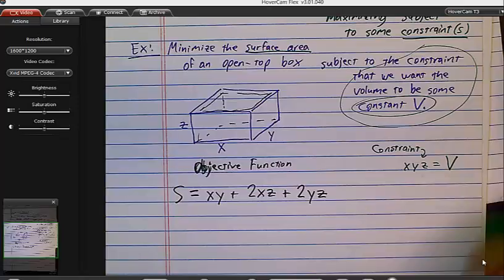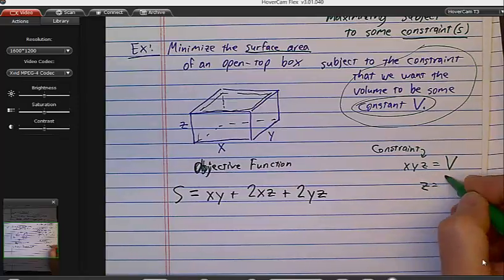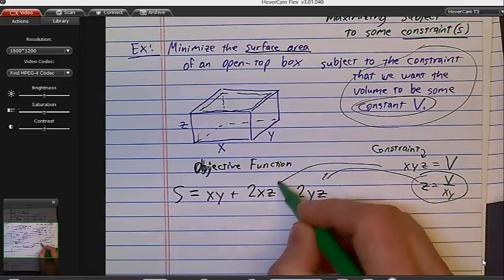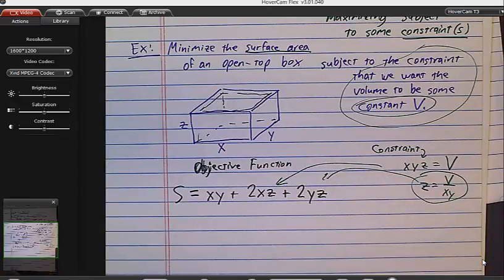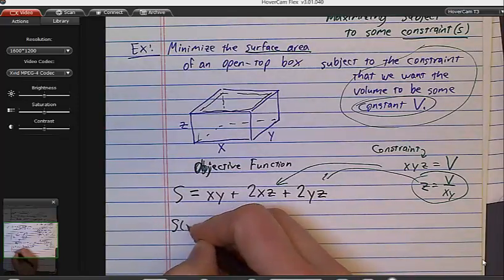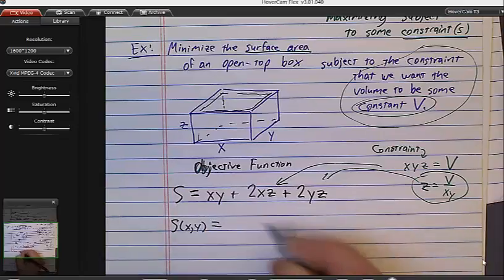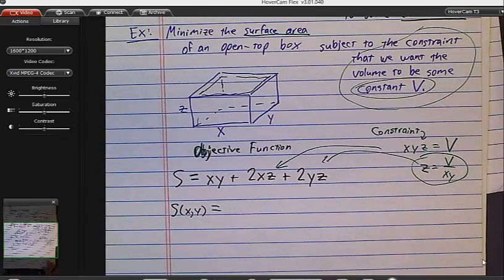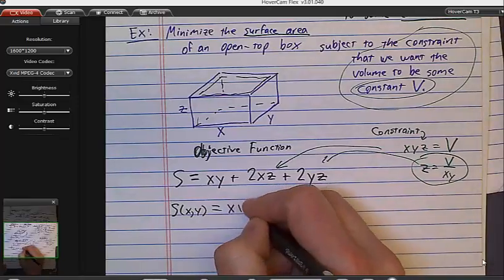I could say, well, I know that z is equal to V over xy. And then what I can do is substitute. But what's going to happen here is I will have surface area now as a function of x and y. And that's the best I can do with what I know about this problem. I can't do much more.